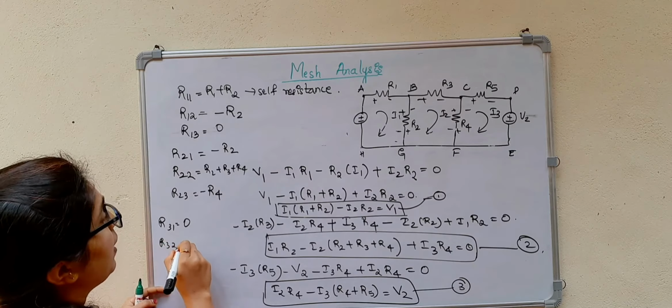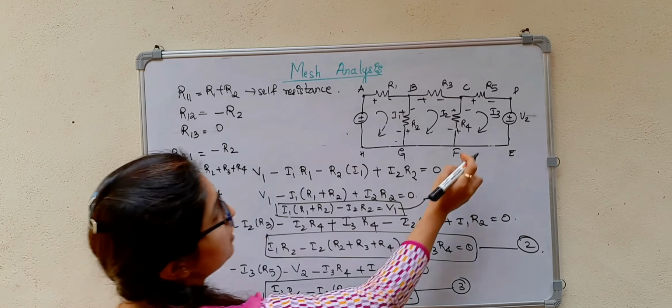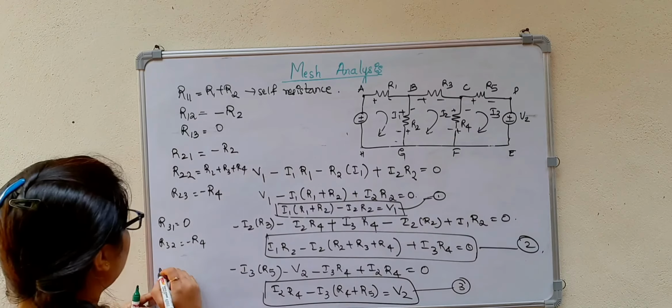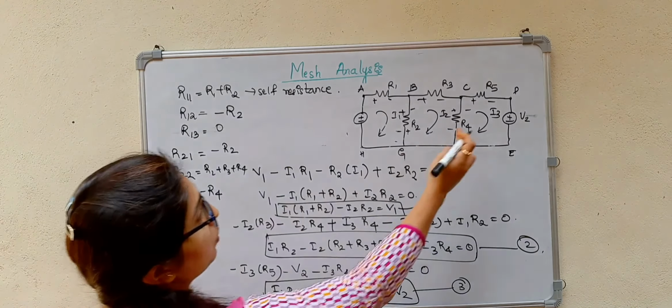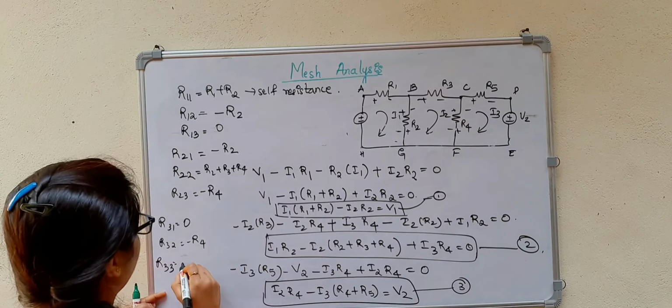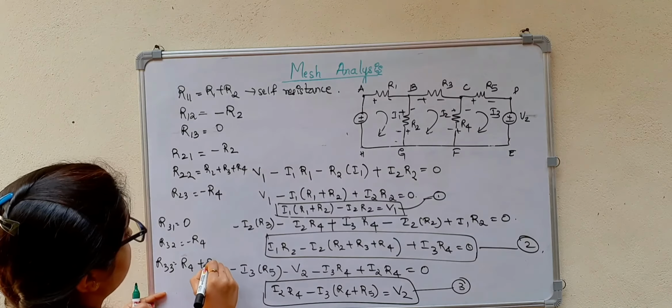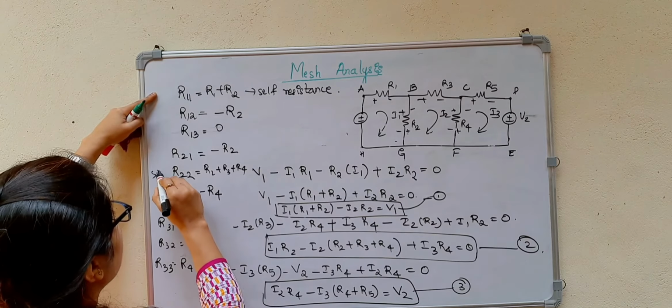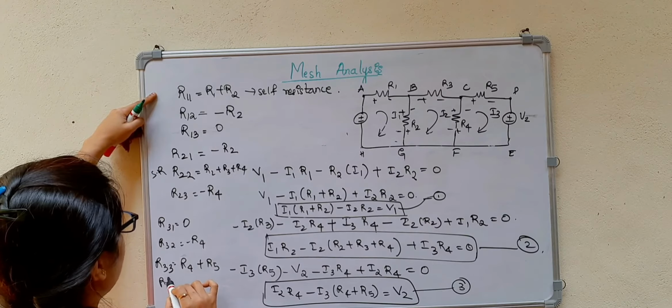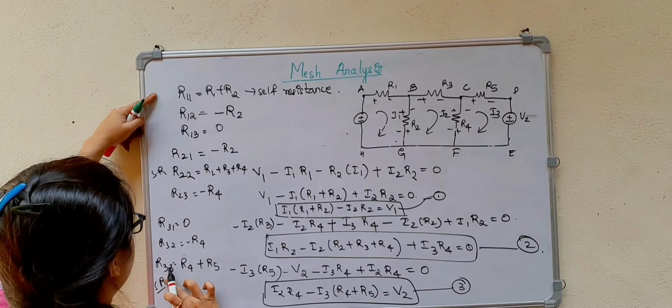R32 we have minus R4 because this is the resistor common to both. R33 is the self resistance, that is equal to R5 plus R4. So R11, R22 and R33 are self resistances.